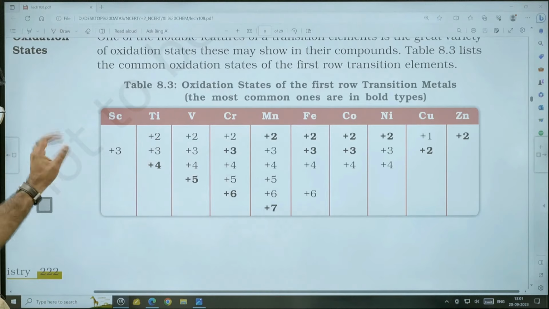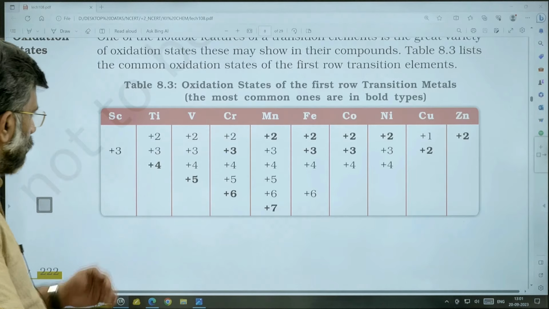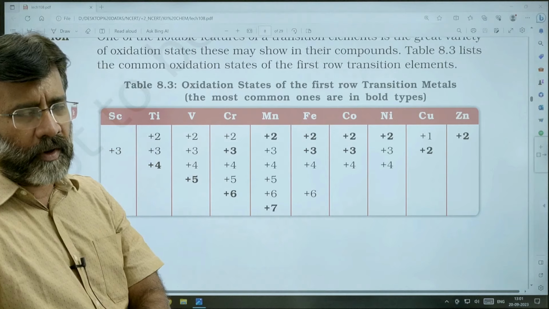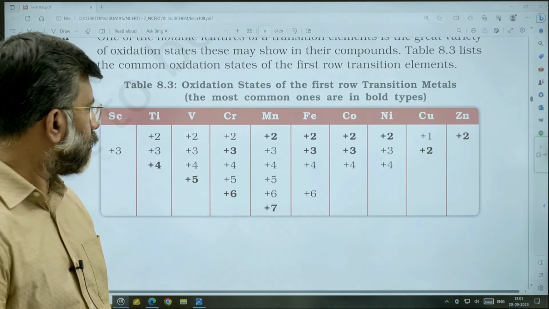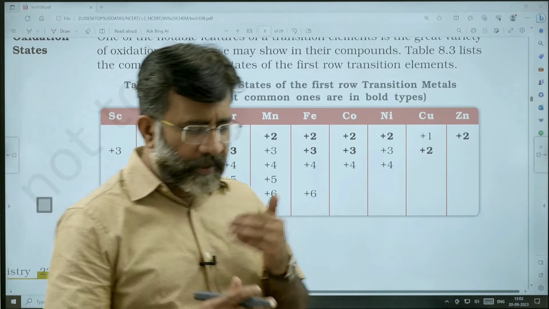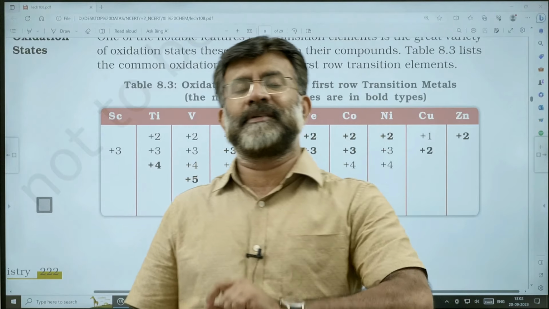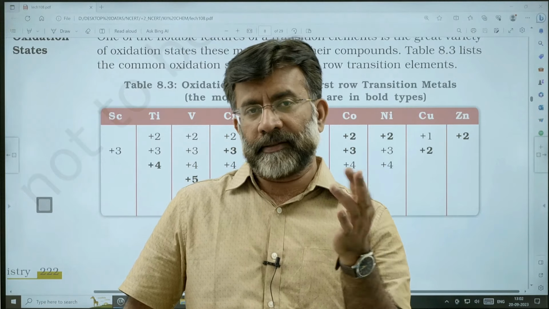Look at the variability in oxidation state. Scandium shows only one state, +3. Titanium, +2, +3, +4. Vanadium, 2, 3, 4, 5. Chromium, 2, 3, 4, 5, 6. The most commonly observed oxidation states are shown in bold letters. So as you can see, from scandium to manganese the variability in oxidation state increases, and then decreases.